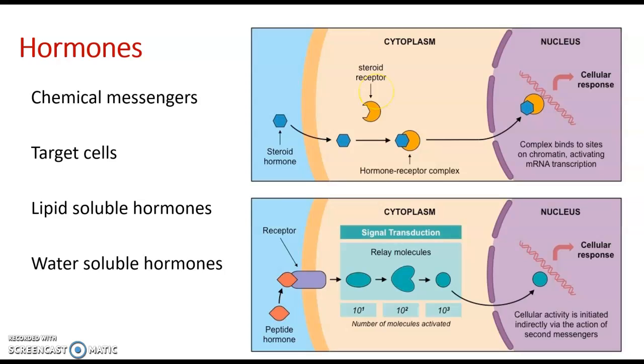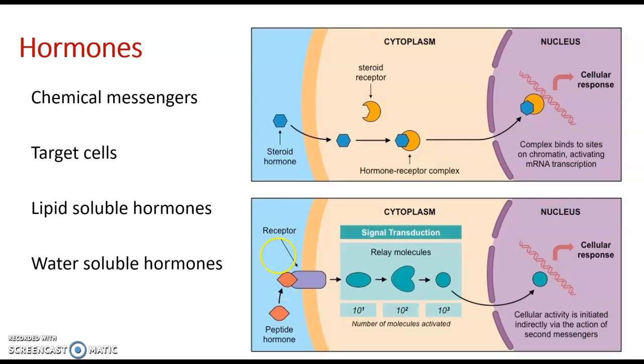If the hormone in question is not lipid soluble, it's water soluble, that means that hormone will not be able to travel directly across the plasma membrane. Then the receptor complex is going to be formed at the plasma membrane on the surface of the cell, on the outside.